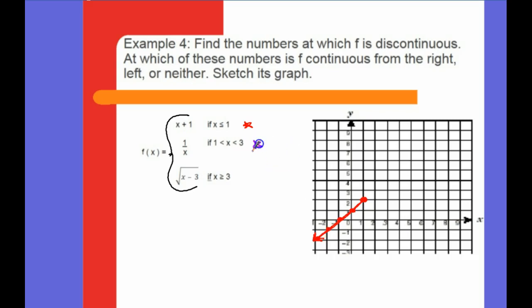The middle is 1 over x. Now, looking at 1 over x, I'm like, oh, there's a vertical asymptote at 0. However, is that interval included here? No. So don't got to worry about the continuity of that. But I do need to find the beginning and the end. So plug in 1. 1 over 1 is 1. So at 1, we're at 1, and it is an open circle.